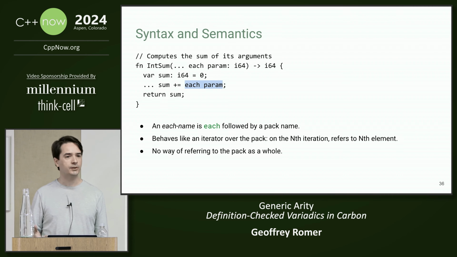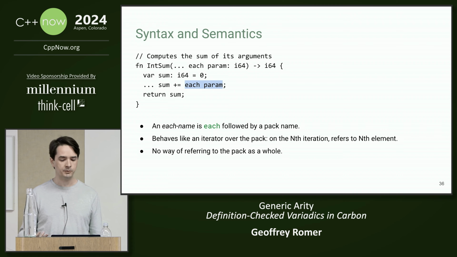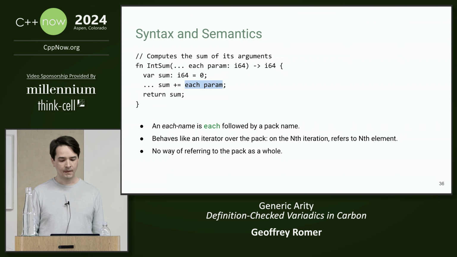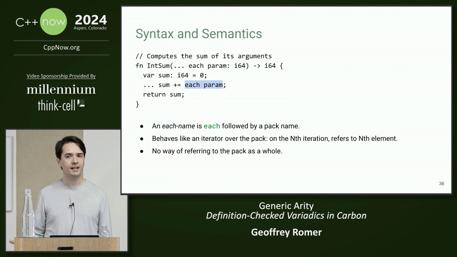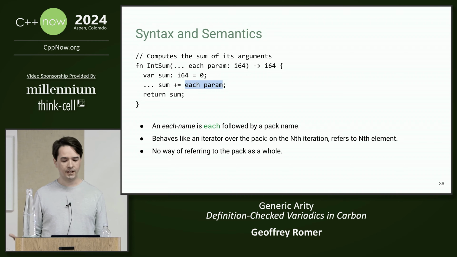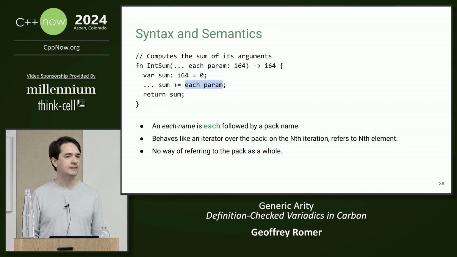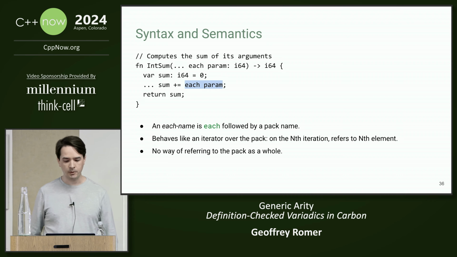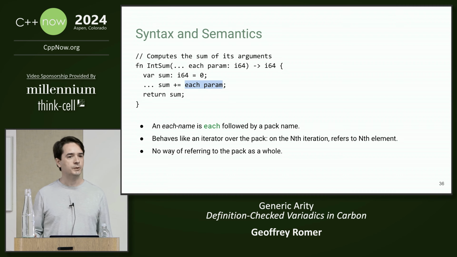So on the nth iteration of this pack expansion loop, it refers to the nth element of the pack. So you can think of an each name as the name of the nth element of the pack for an unspecified n, or for an n that's specified by the surrounding context. And this is the only way to refer to a pack. You implicitly refer to a pack as a whole by referring to its elements.